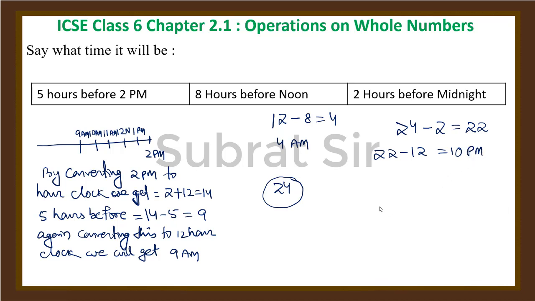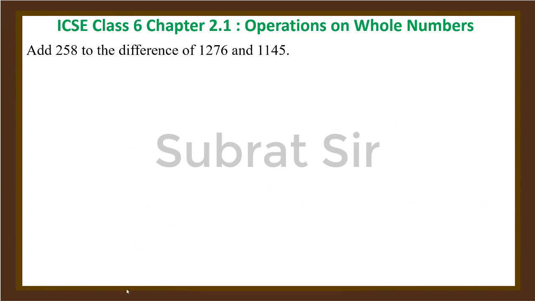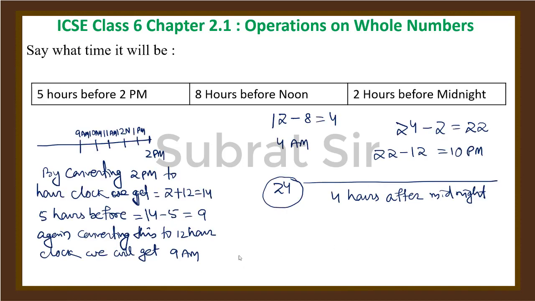Okay, let us do some more problems. Suppose it is 4 hours after midnight. Okay, so midnight means 24, and when we are adding here, we will take it as 0.